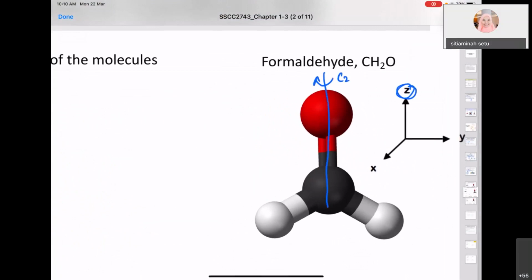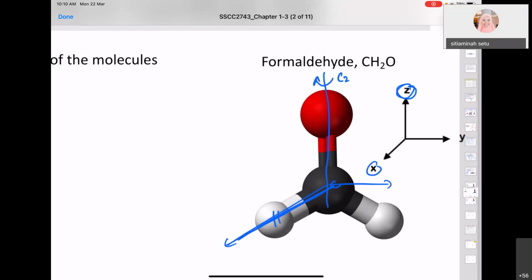Kemudian X mestilah go through the most number of atom. So you ada C dengan H kat sini. So they go through the most number of atom. So this is X. Kemudian Y dia kena ikut jari. So we have here is Y. Okay. Betul ni?